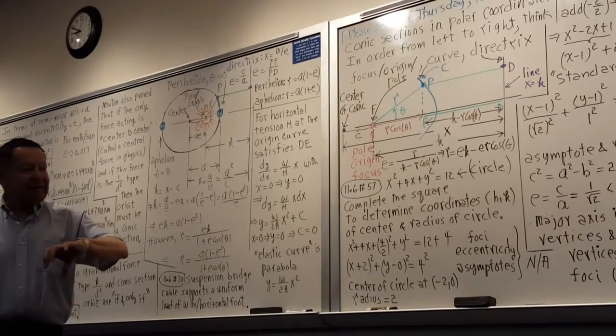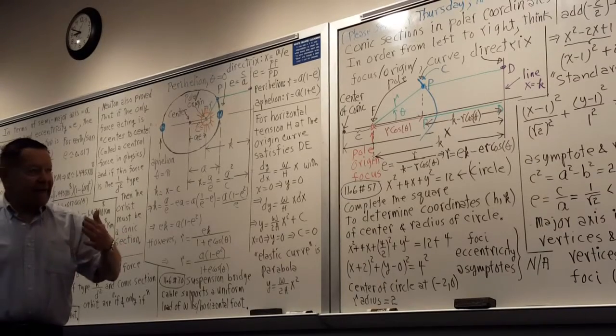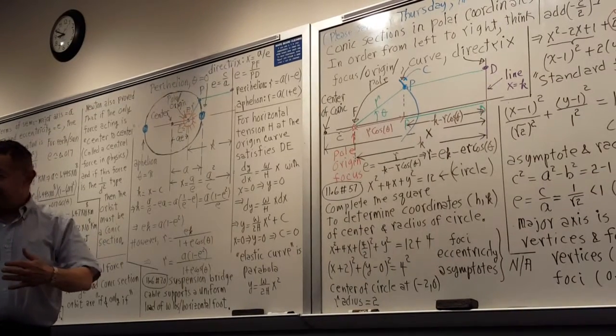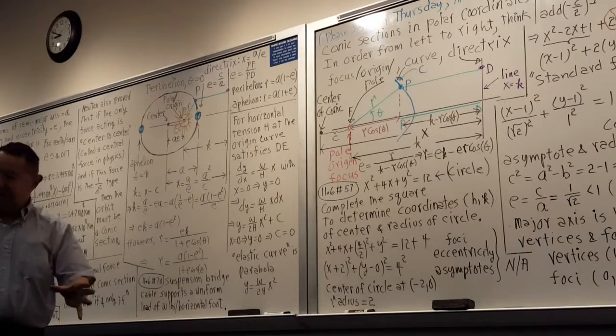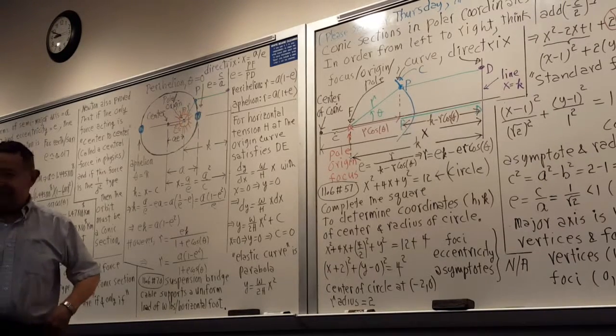That would be if your axes of symmetry of your conic section were at an angle relative to the x-axis and y-axis.